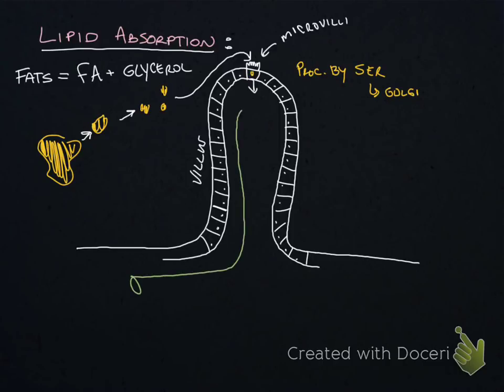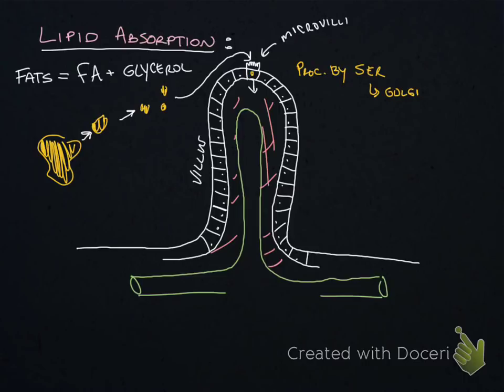And the reason I drew it like this is because I want to show you that often the lymphatic capillaries jut up into the villi of the small intestine. And of course, it's surrounded by nets of capillaries.